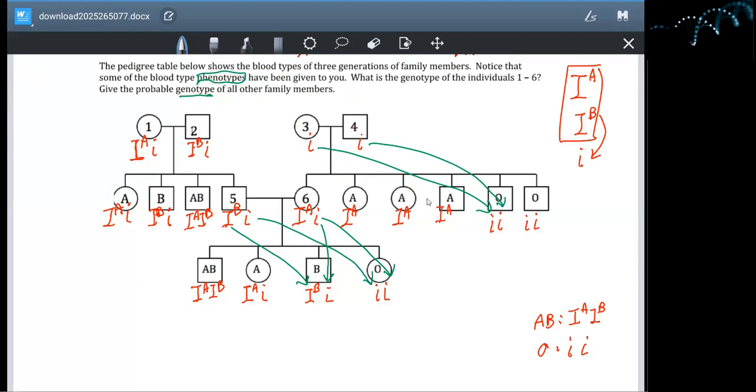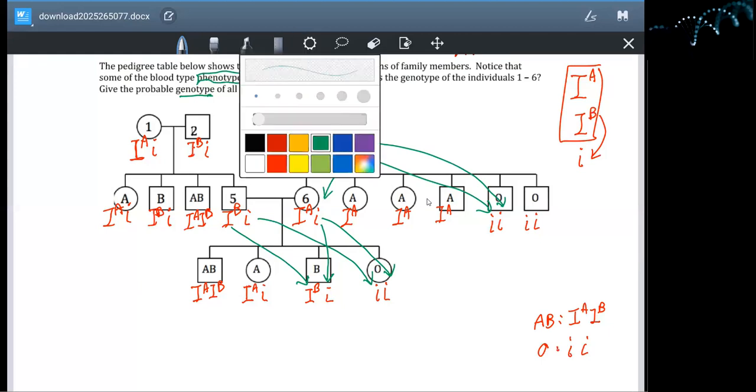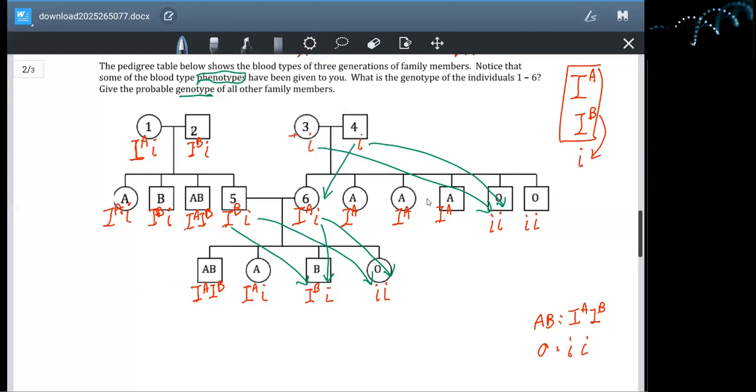This parent, I know, has an individual that has little i and big IA. So let's say he got the little i from number 4. Then this individual has to be what? Big IA, yes. Okay, now it comes to this individual. What will this individual be? Well, can he be big IA, little i, and still have all these offspring? Let's see.